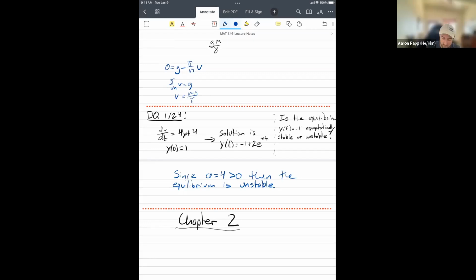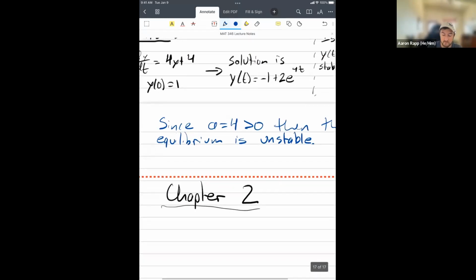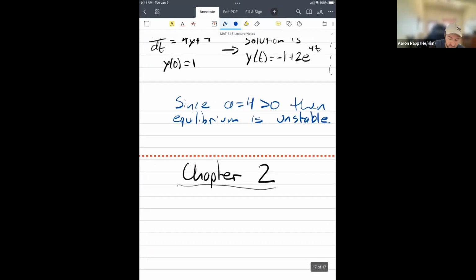Okay, but even if you consider the solution itself, you know the equilibrium is at -1, which is there in the solution, right? That's why we see the -1 plus blah, which is 2 times e to the 4t. But the only thing that's changing with respect to t or time is that e to the 4t.